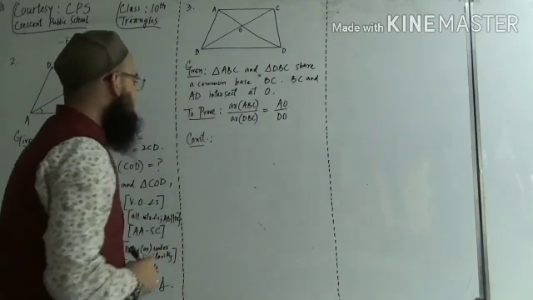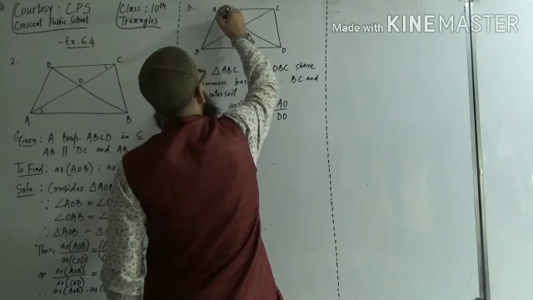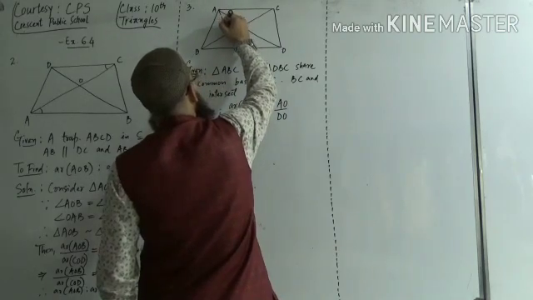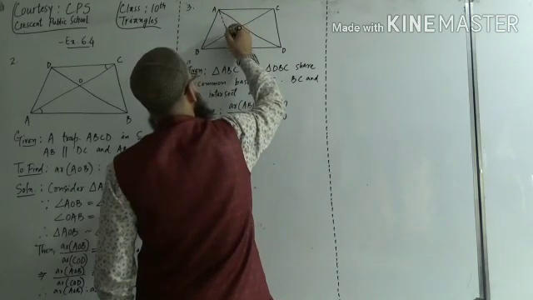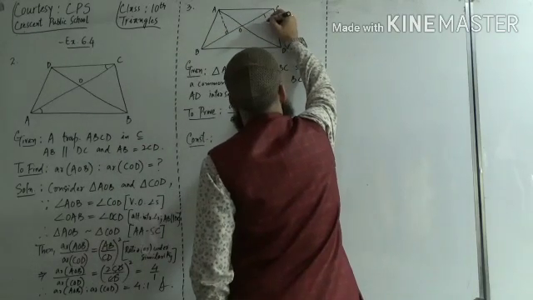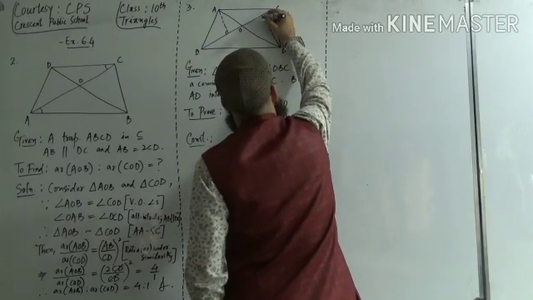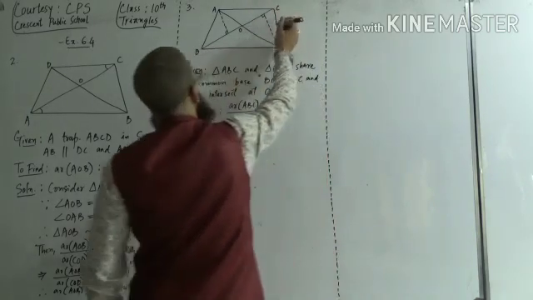Let us do the construction. Let me just draw the perpendicular from A to BC and from D to BC again.